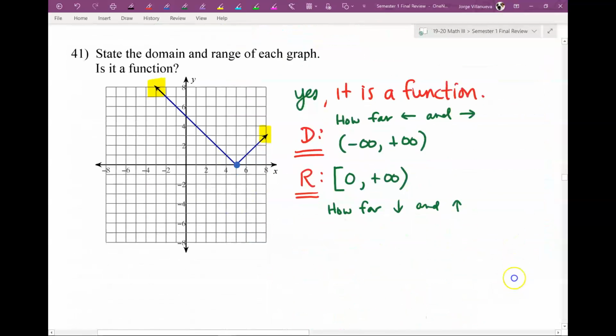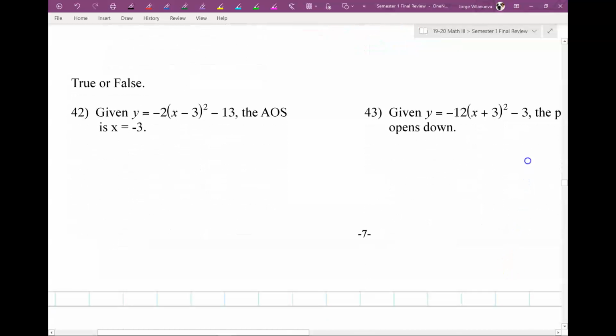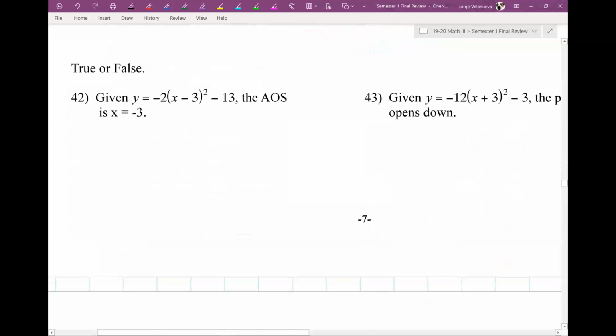We already did 41. True or false? So given y equals negative 2 times (x minus 3) squared minus 13, the axis of symmetry is negative 3. Now, I told you guys that this number in this form is your axis of symmetry, but is the number that I'm pointing at a negative 3 or a positive 3?